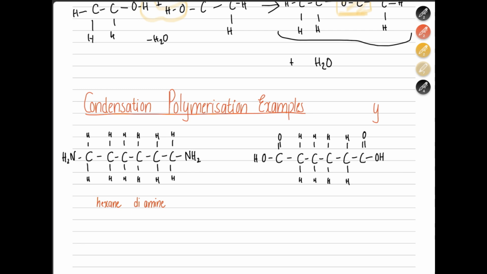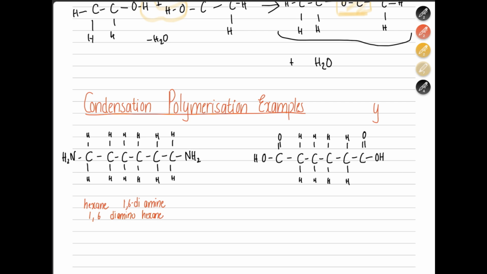The amine is on the first and the last carbon, so we say 1,6-diamine. Hexane-1,6-diamine is the name of this monomer. We can also rewrite this as 1,6-diaminohexane. There are two different ways to write this.